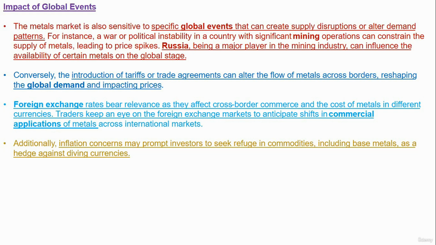There are always global events which are impacting the market. If there are supply disruptions, this can impact the market. Russia has a major role in the mining industry, so Russia can have an impact if there is a problem in the Russian economy, or there is some war-like condition or any other thing which is impacting Russia. And we know that there is a trade war between China and USA.